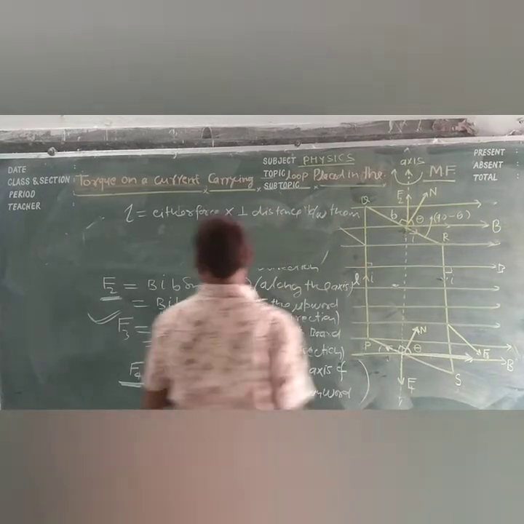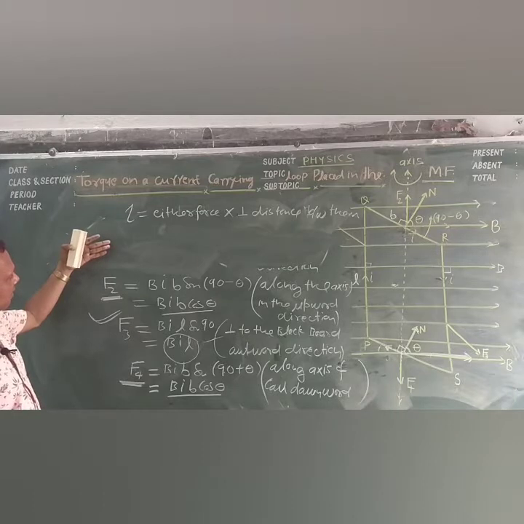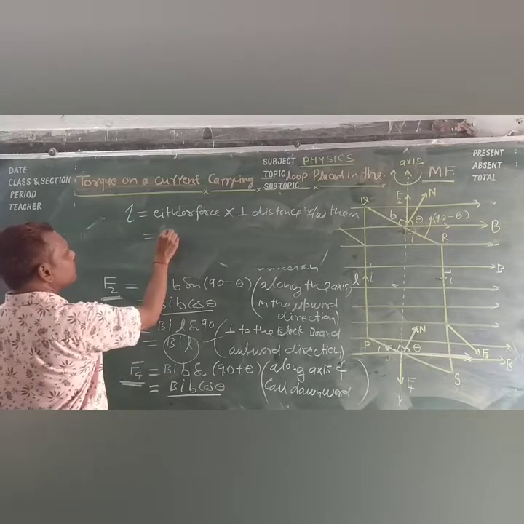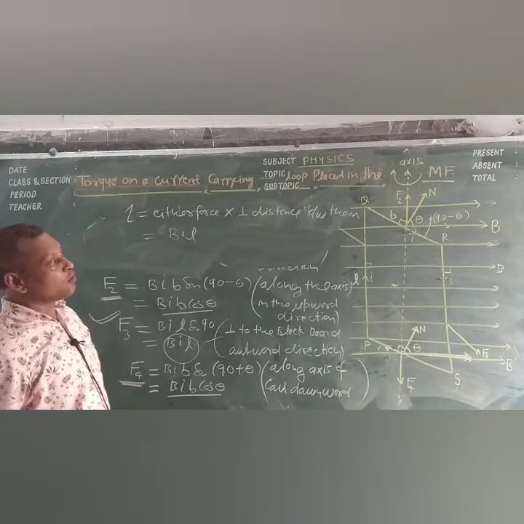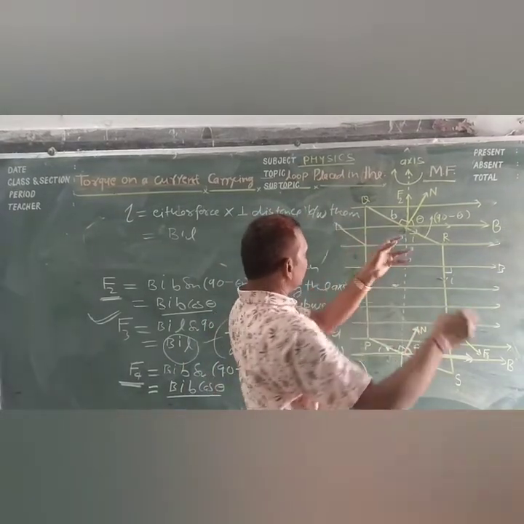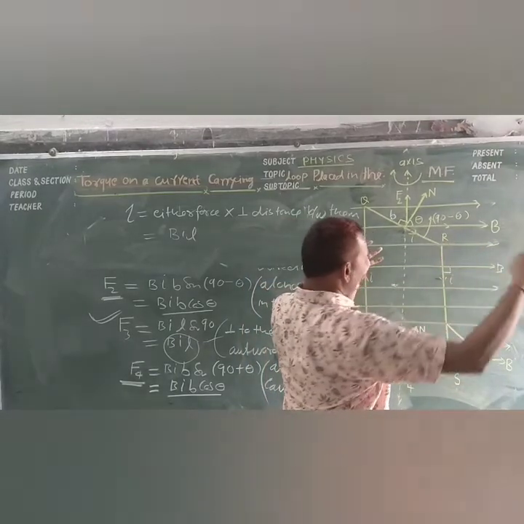So either force value of F1 or F3, this is BIL. And perpendicular distance: F1 is inward direction, F3 outward direction.